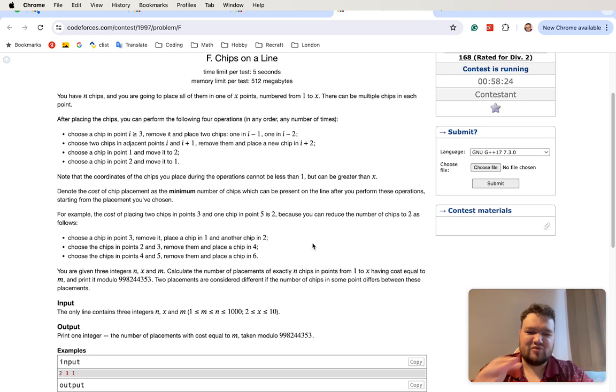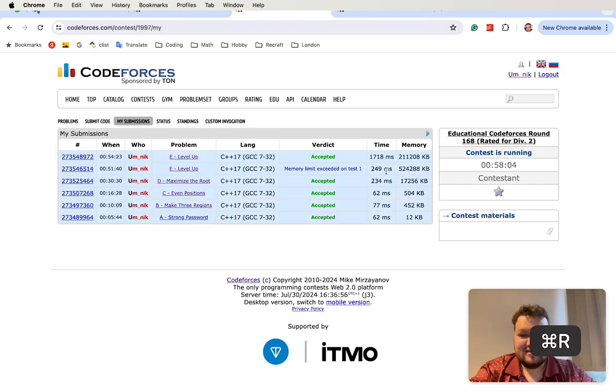So the whole problem is about understanding that this thing describes the Fibonacci number system. And since I can read, I understood that, and the problem is solved after that. That's a cool lesson in reading problems. 210 megabytes.